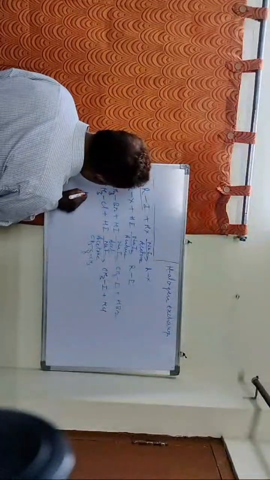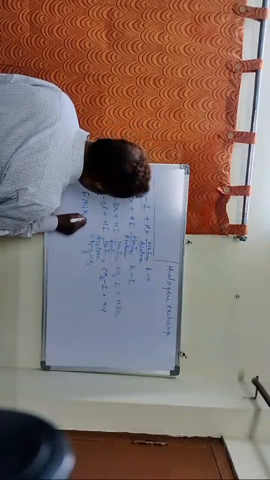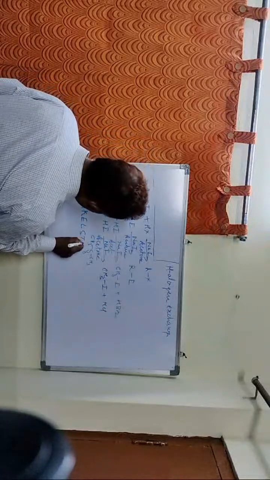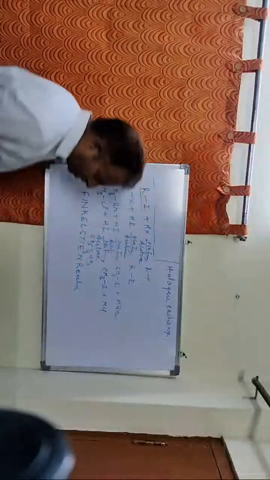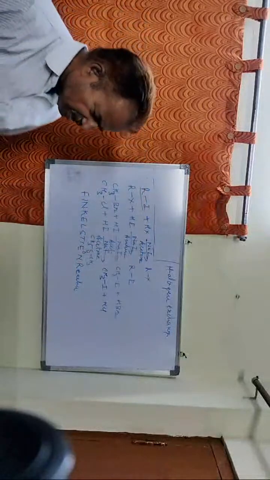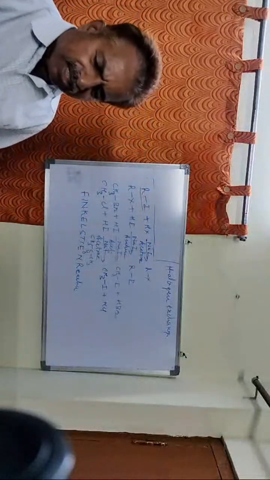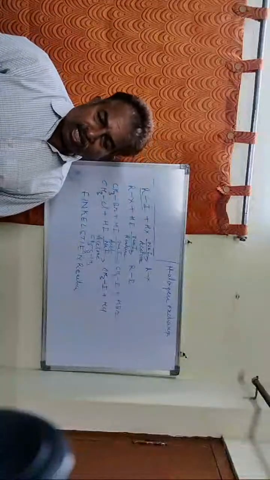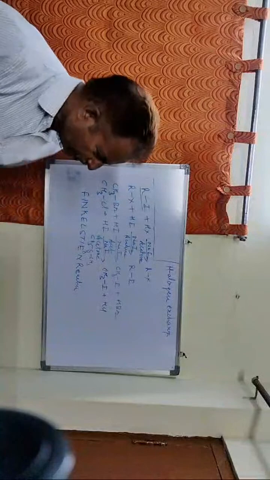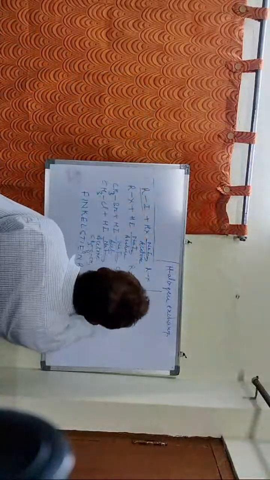This reaction is known as the Finkelstein reaction. Remember, keep this point in mind as we are discussing all these reactions. Each and every reaction is useful in organic conversions.